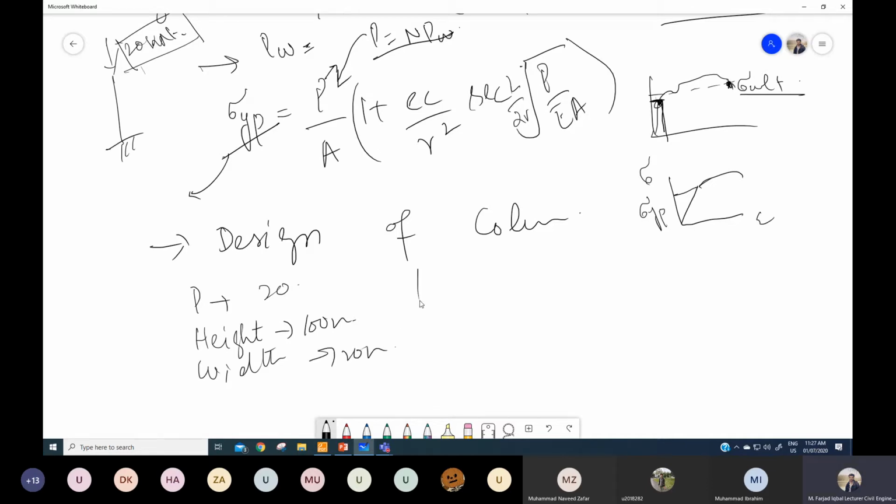So by design, it basically means that we will follow the trial and error procedure and select some section. We would say, let's provide this section W360 by 200 for this column.